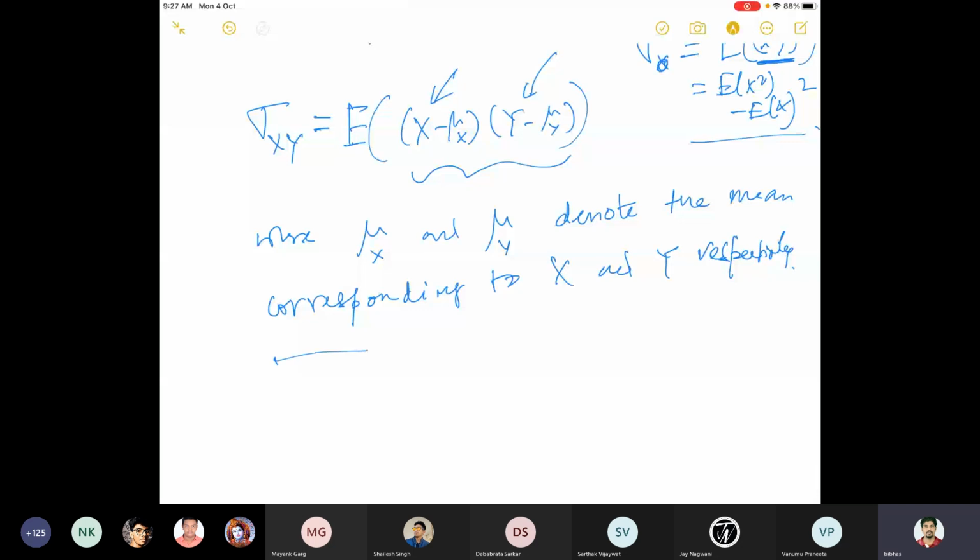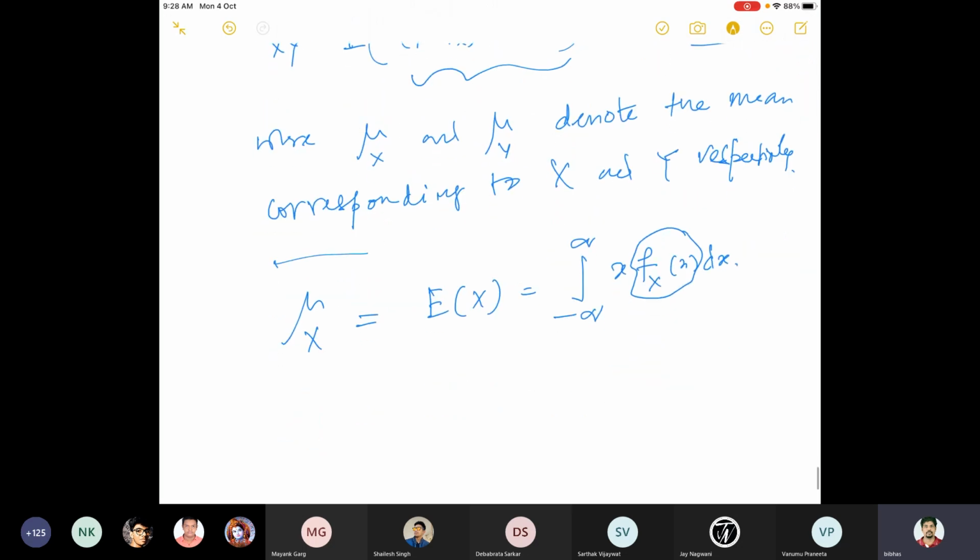Now, what is mu x? Mu x is E of x. E of x means, according to the definition, for the continuous case, the integral from minus infinity to infinity of x f_X of x dx. But we also know what f_X of x is in terms of the joint PDF.